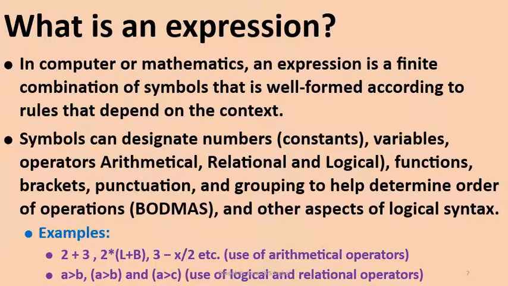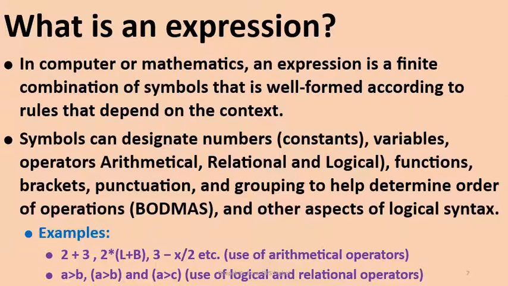In QBasic, we have discussed earlier that there are four different types of data that we can use, or the data types. They are constants: numeric constants and alphanumeric constants.